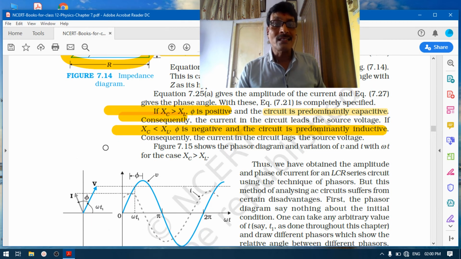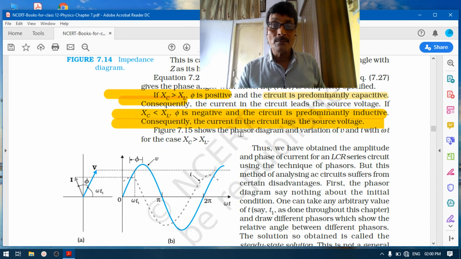As a result, the current in the circuit lags the source voltage.